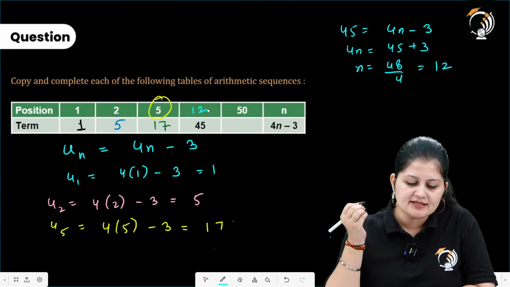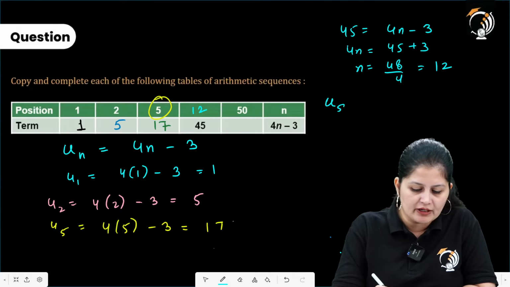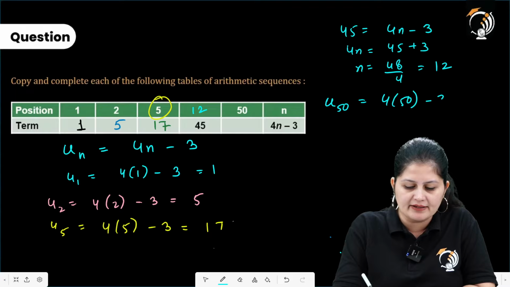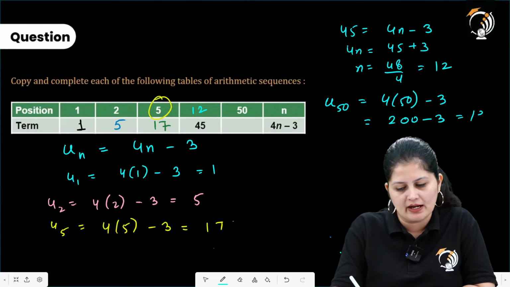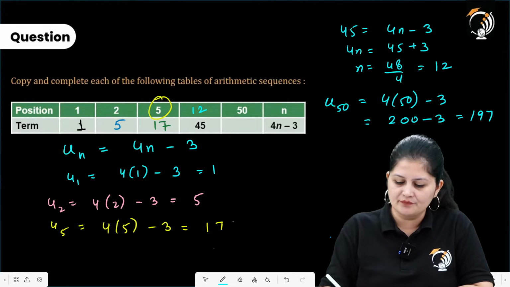Now the next is when n is equal to 50, what is going to be the value of the term? To get u50, that is 4 multiplied with 50 minus 3, which is nothing but 200 minus 3, which is 197. Is that clear? Understood?